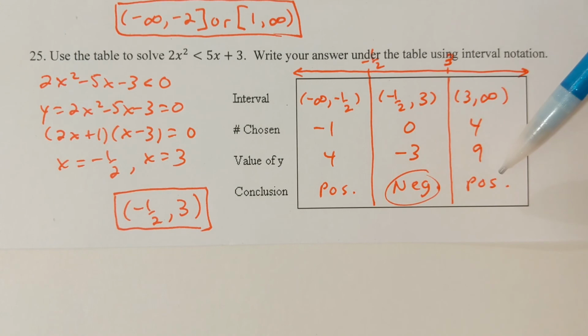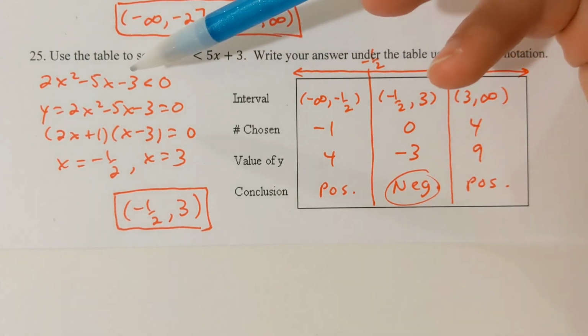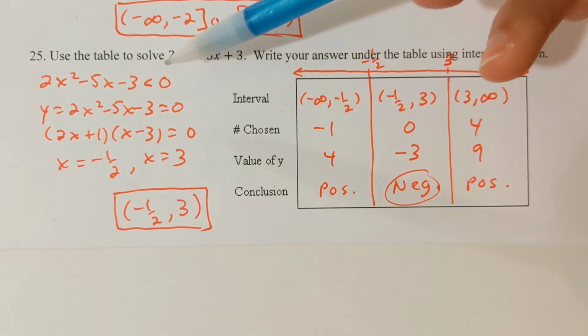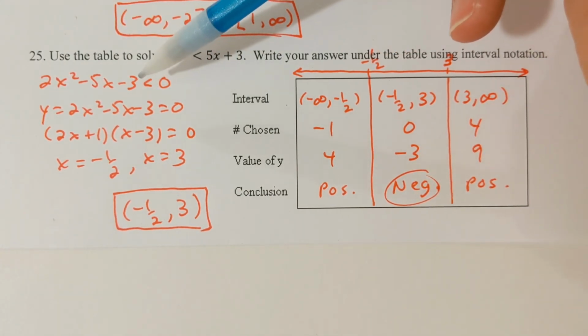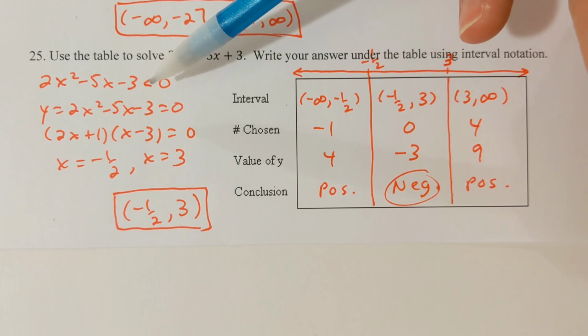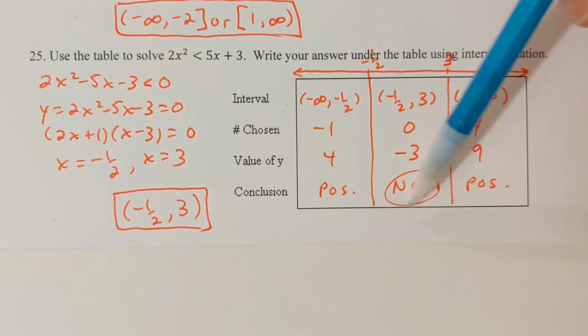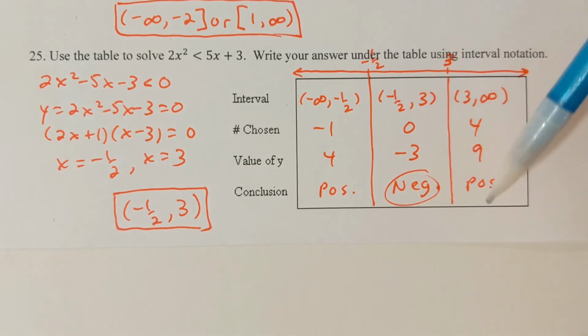Okay, so now my chart is done, and I need to decide if I'm going to use the positives or the negatives. Well, let's take a look at this line here. I have an expression that is less than 0. Numbers that are less than 0 are negative numbers, and so I'm going to want the middle column to be represented in my answer.